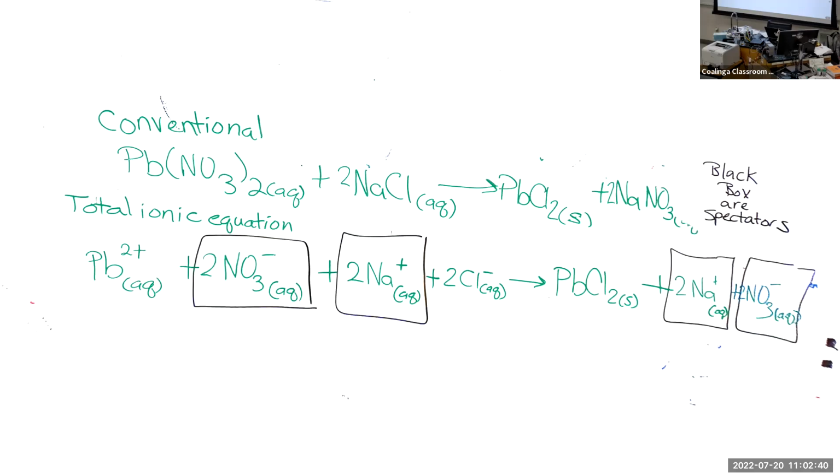Because they're not doing anything, they're not contributing to the party or interacting with anybody. They're just standing on the wall. We can just ignore them. You don't even remember them because you're like, were they even at the party? Because they didn't do anything. So we take them out. When we take them out, we get what we call the net ionic equation.